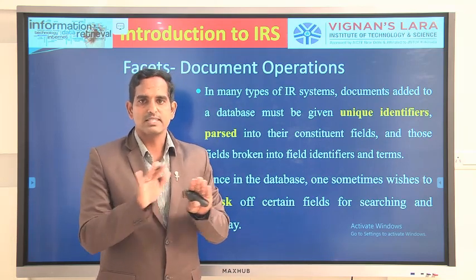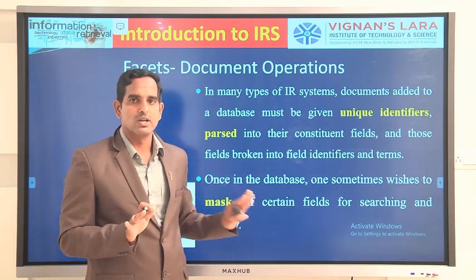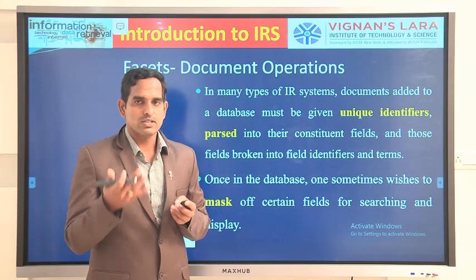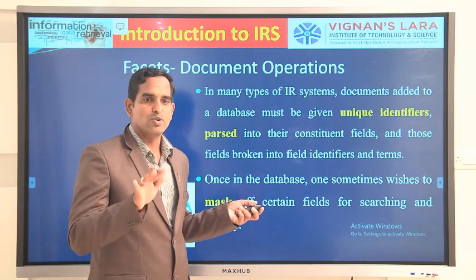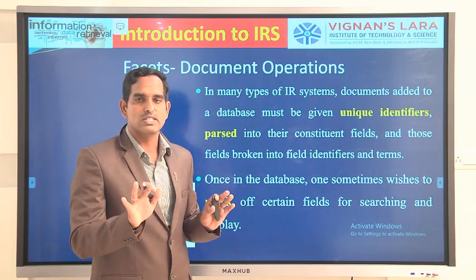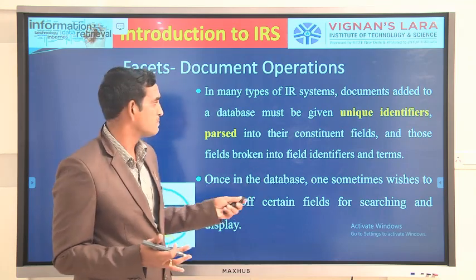So if you want to mask some parts of your file for searching and displaying, you can mask the particular thing by using the mask operation. This also will be supported by the documents. Masking means basically that if you don't want some operations or some particular files to be seen in the search, then we can mask them.